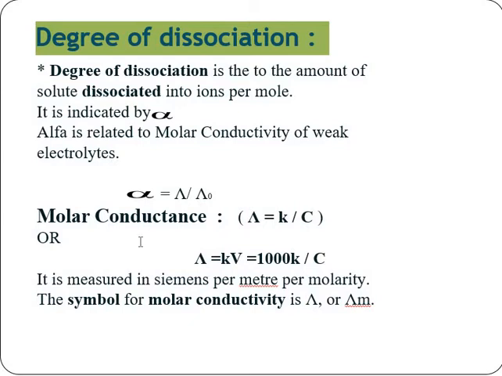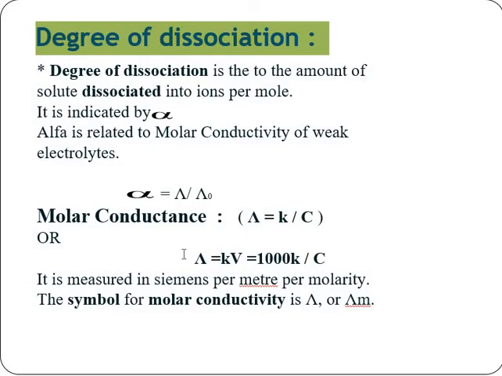Molar conductance is the ratio of conductivity to the concentration. Here small k means conductivity and C means concentration. You can also write molar conductance is equal to K into V or 1000 K divided by C. The symbol for molar conductivity is lambda or lambda m, and it is measured in Siemens per meter per molarity.